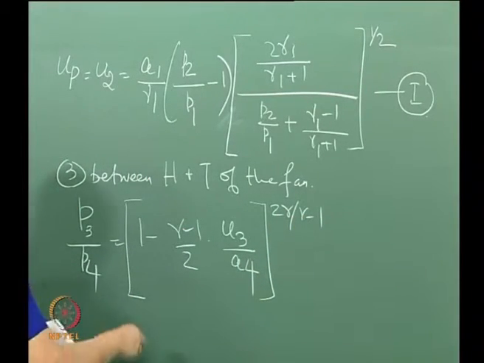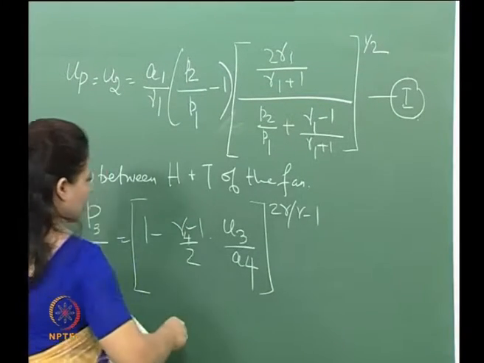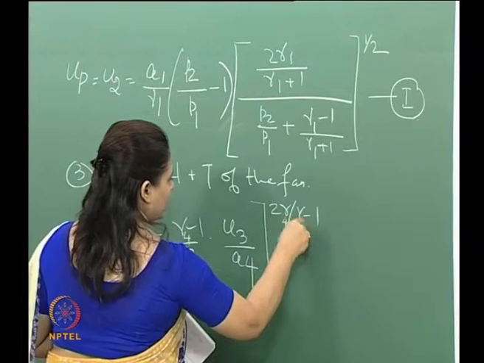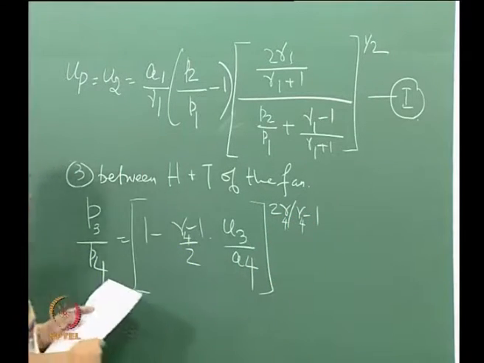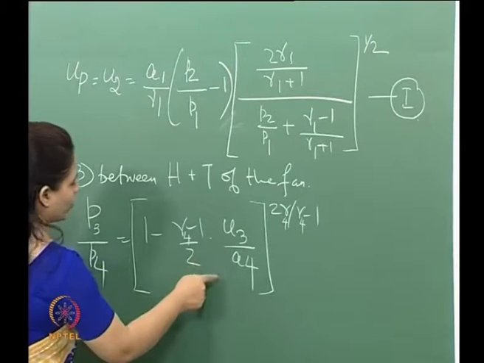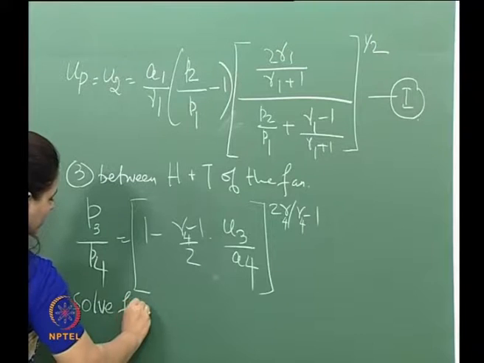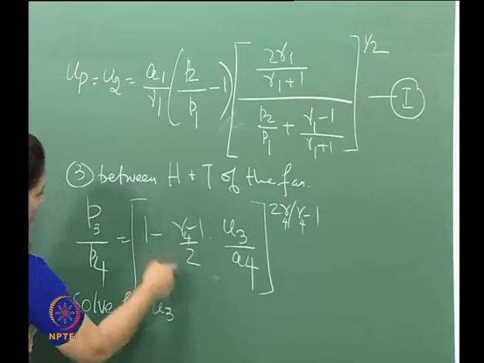Let us write the gammas out. So we will write it this way: gamma 4, gamma 4, gamma 4. So we get this. Now we will solve for u3 from here, from above.